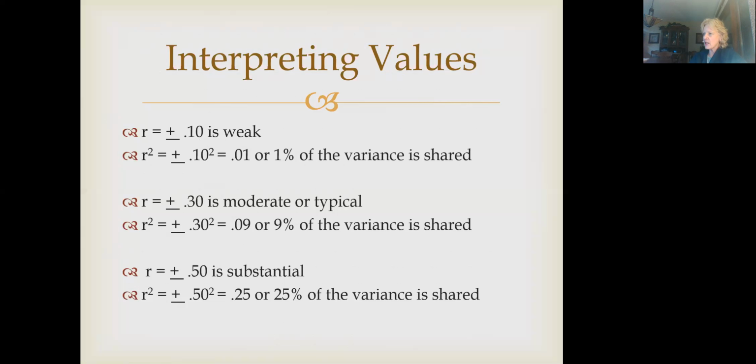There is some relationship there, but it's weak. A 0.3 is a moderate or a typical correlation. And the R squared tells you that 9% of the variance is shared between those two variables. A 0.5 is considered a strong or a substantial relationship between those variables. And it looks like about 25% of the variance is shared.